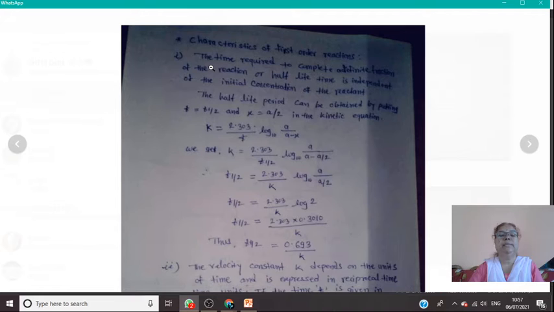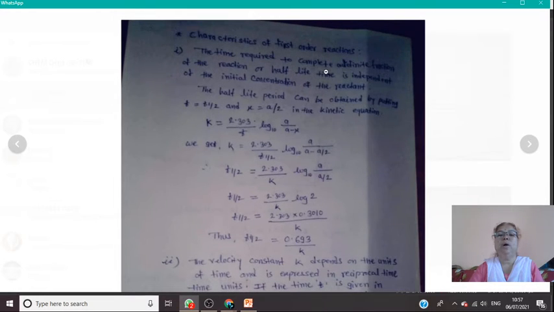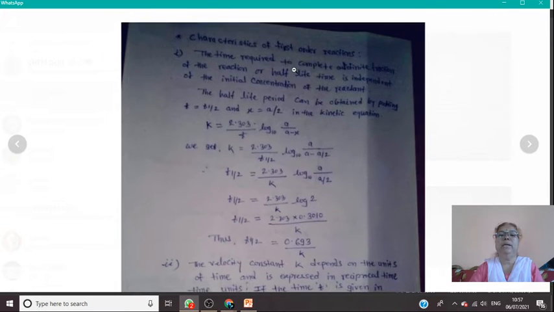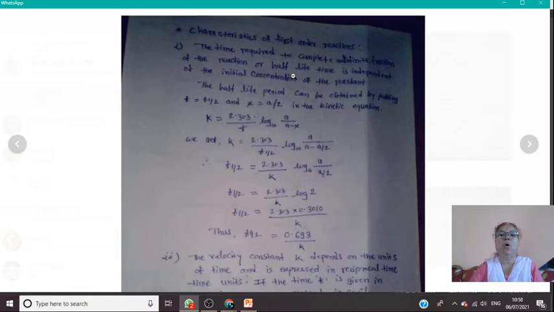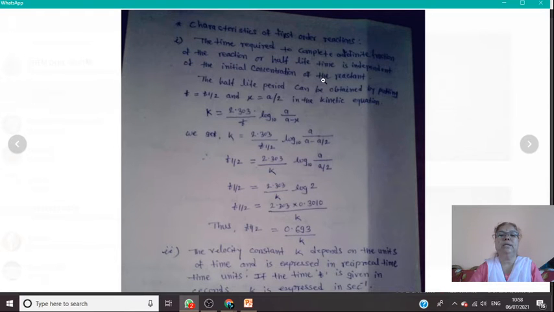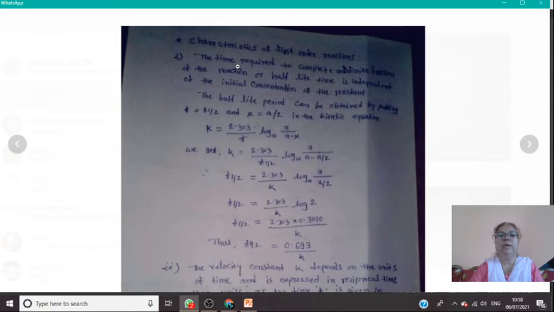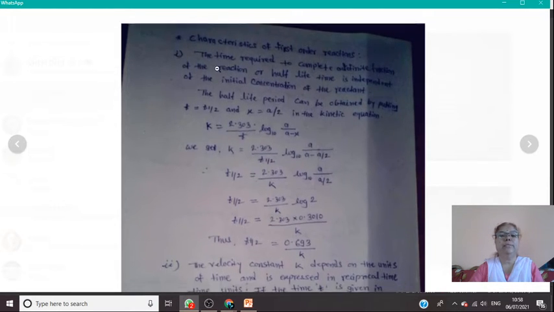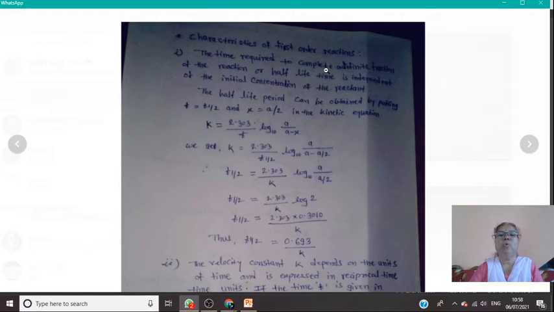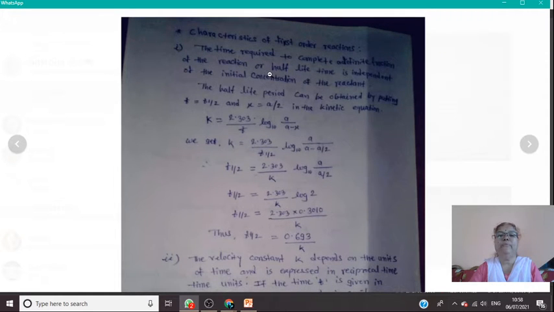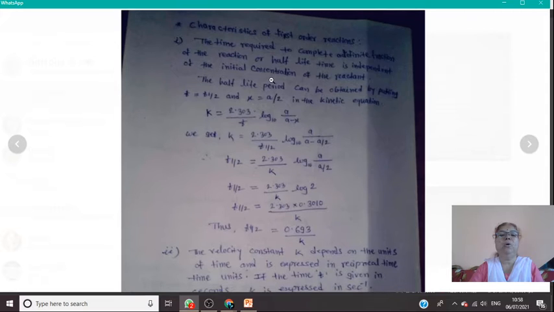The first characteristic: the time required to complete a definite fraction of the reaction, or half-life time, is independent of the initial concentration of reactant.